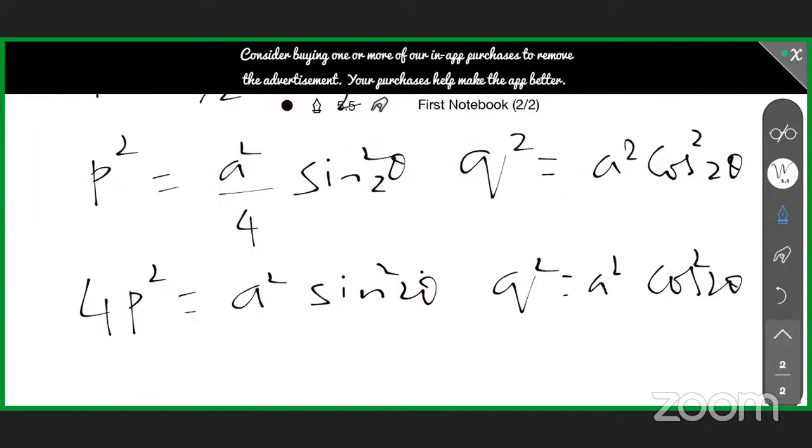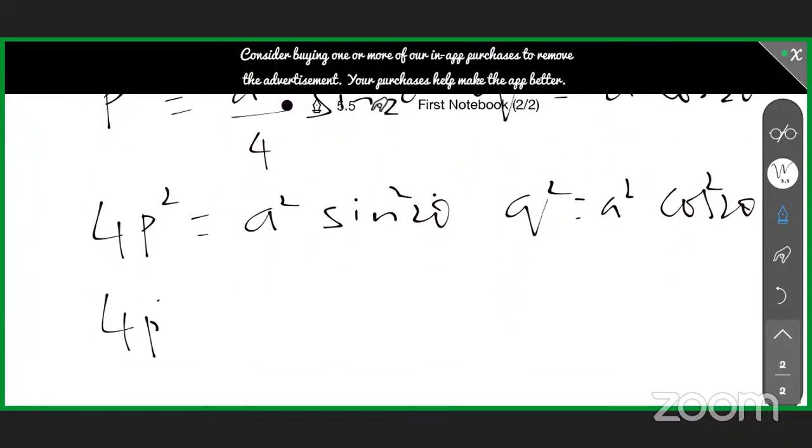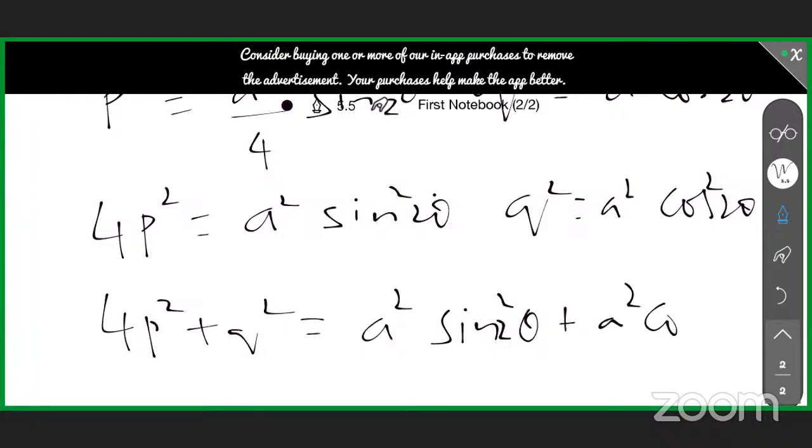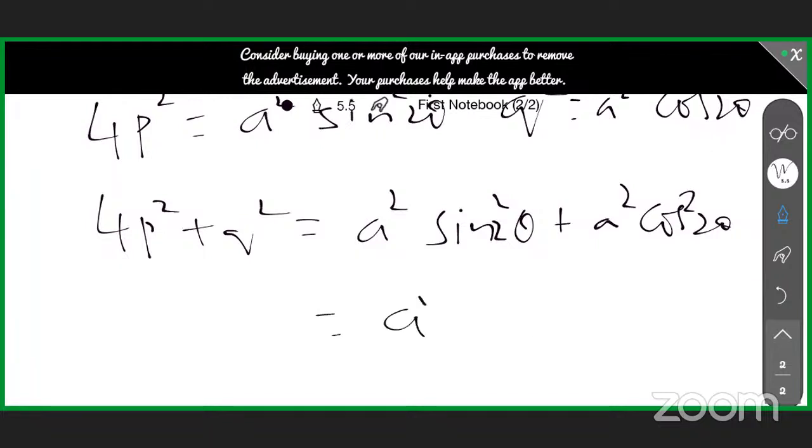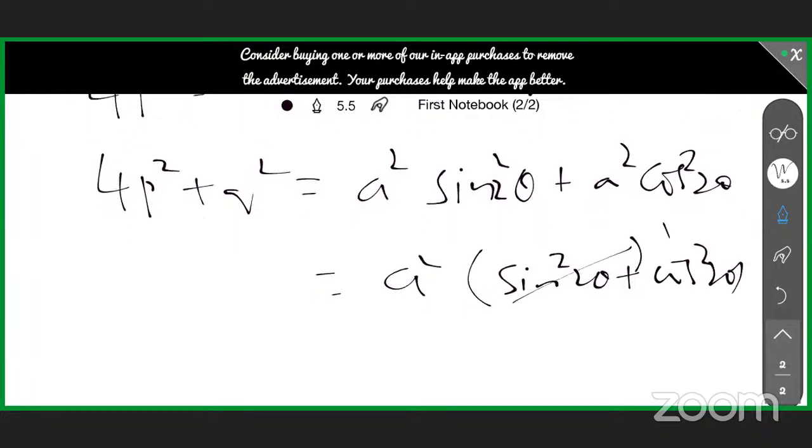Now add both the equations. 4P square plus Q square is equal to A square sin square 2 theta plus A square cos square 2 theta. Take A square common, sin square 2 theta plus cos square 2 theta. This is equal to how much? 1.